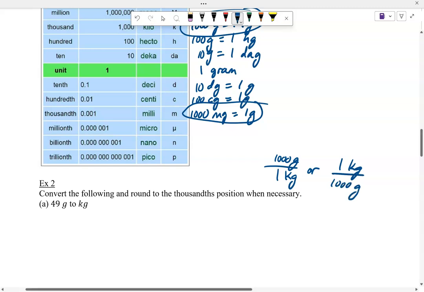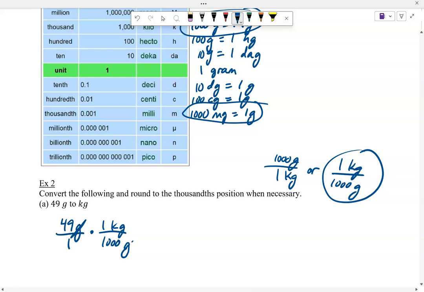Well, right now I'm in grams, and I want grams on the bottom to make sure they divide out. So I'm going to multiply it by 1 kilogram for every 1,000 grams. See how my grams cancel. So we have 49 times 1 over 1 times 1,000.